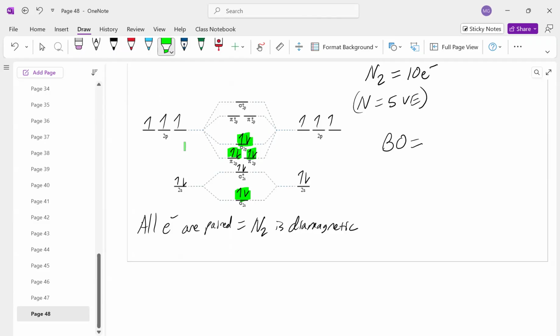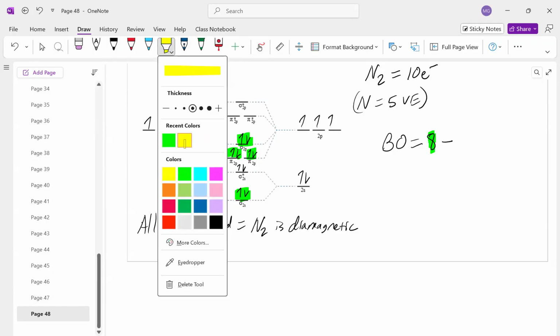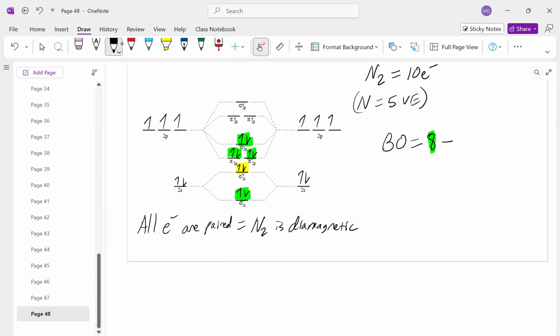So electrons in the bonding molecular orbitals, that's 8. And then I'm going to subtract the number of anti-bonding electrons, and that's in the anti-bonding 2s. So I only have 2 of them. And then I divide by 2. That comes out to a bond order of 3.